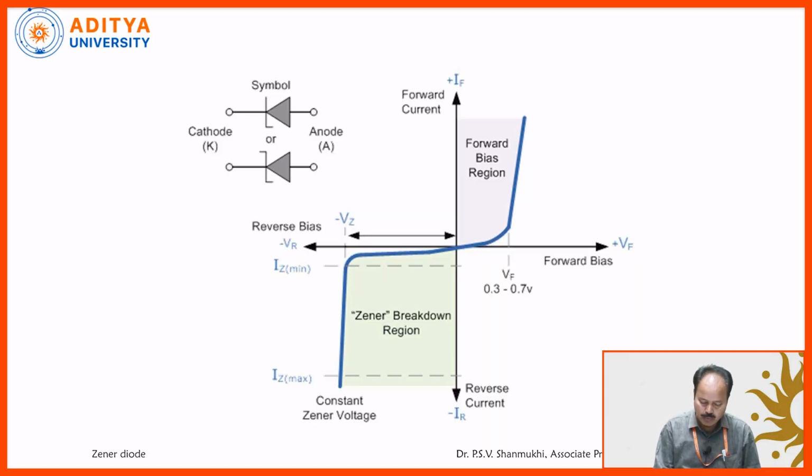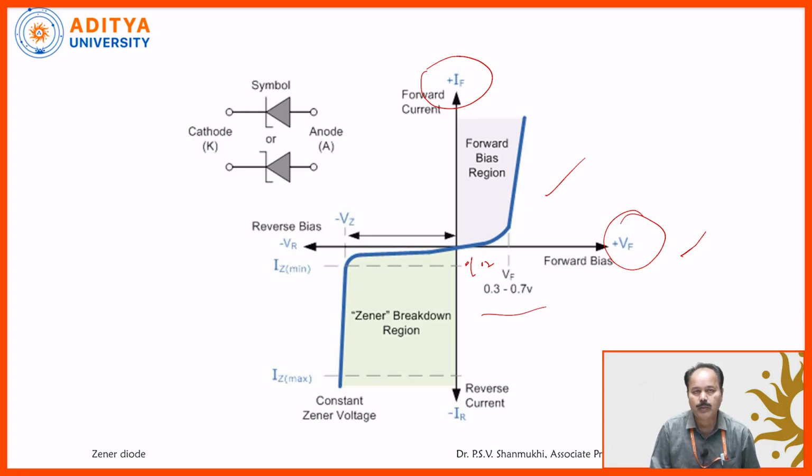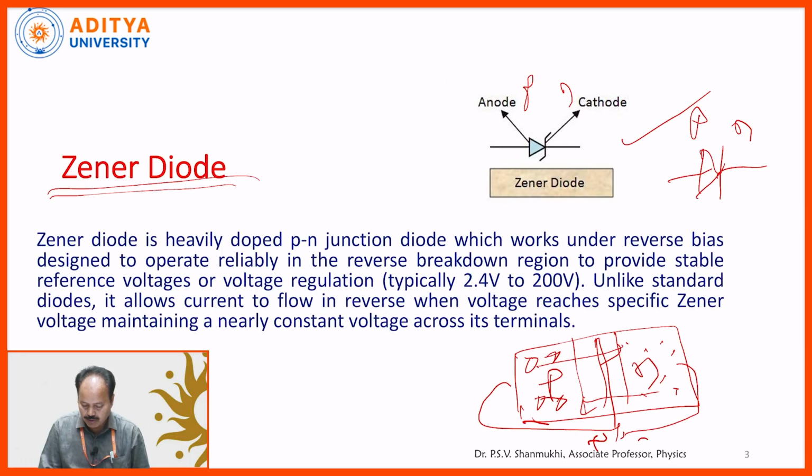Suppose you increase the voltage from 0.1, 0.2, 0.3 and so on, with the forward voltage on the x-axis and the forward current on the y-axis. The current gradually increases and then rises sharply after a certain voltage. The barrier voltage is about 0.3 to 0.7 volts.